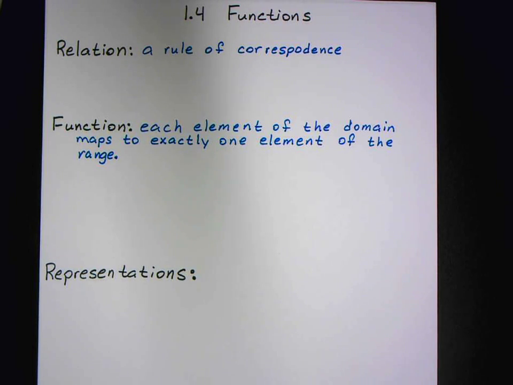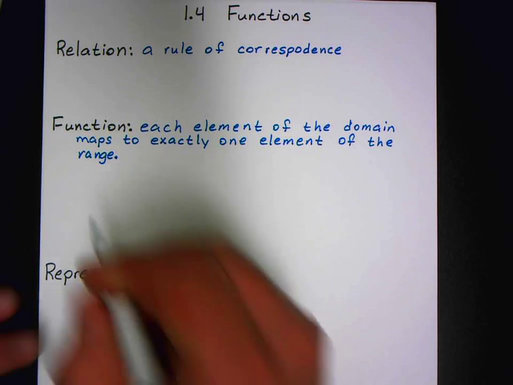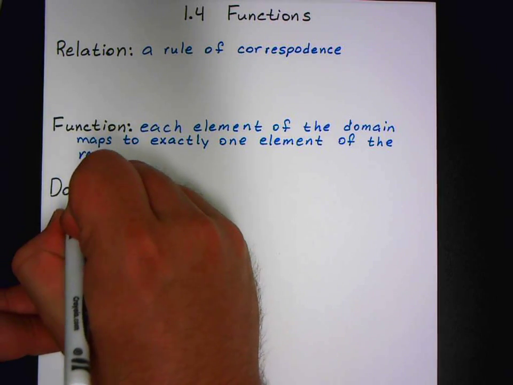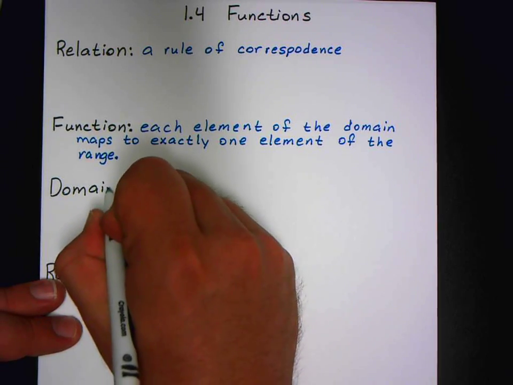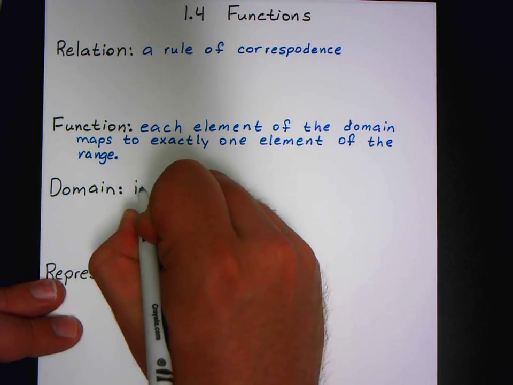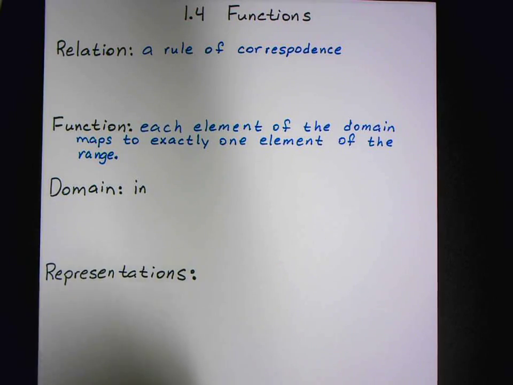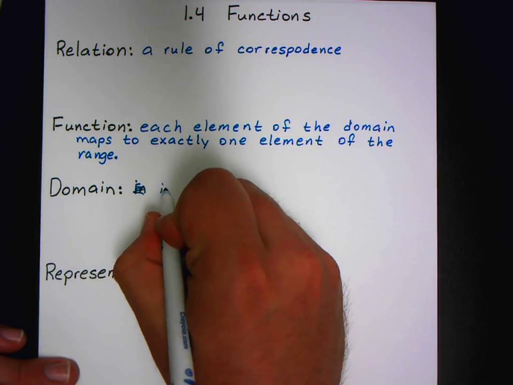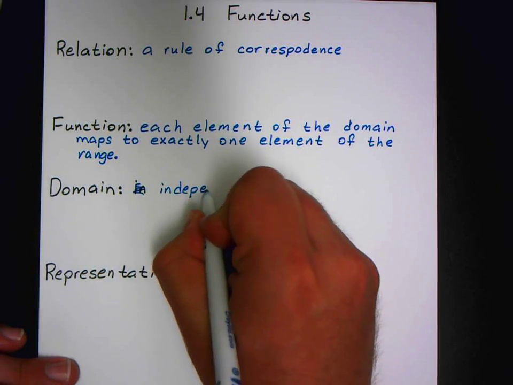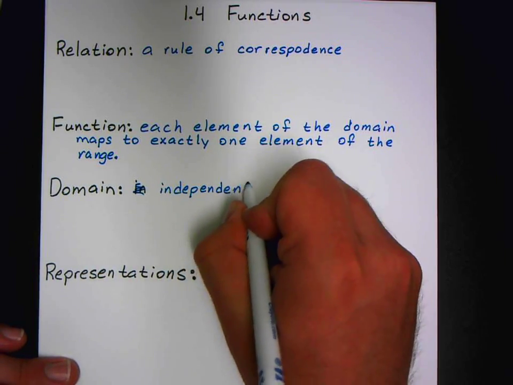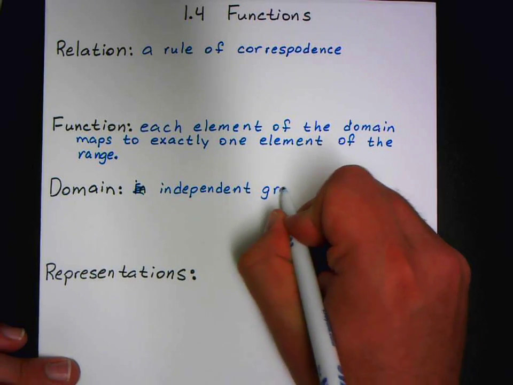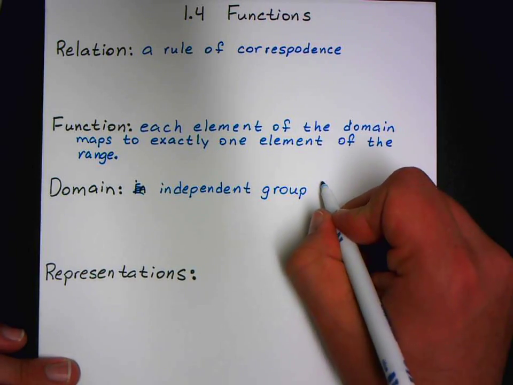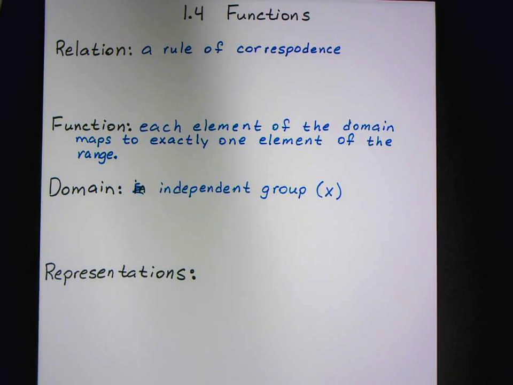Each element of the domain maps to exactly one element of the range. Domain is your independent group. For 99% of everything we do, that's your x's.